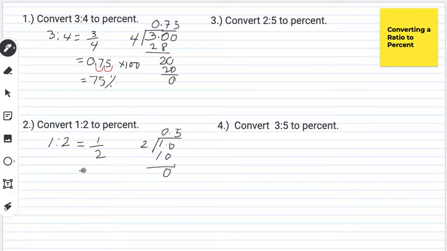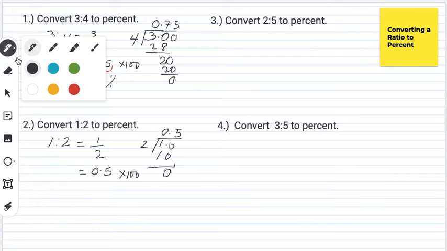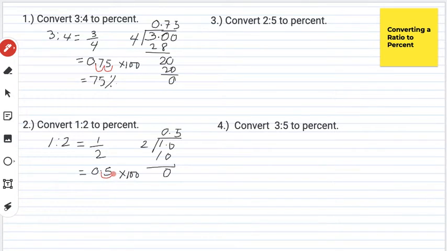Now the equivalent of 1/2 in decimal form is 0.5. And this decimal number 0.5 will be multiplied by 100. And to multiply 0.5 by 100, we have to move the decimal point here going to the right side, I mean 2 places here.